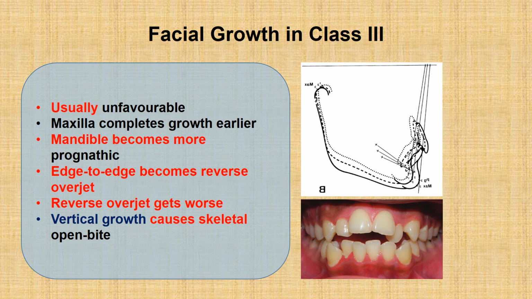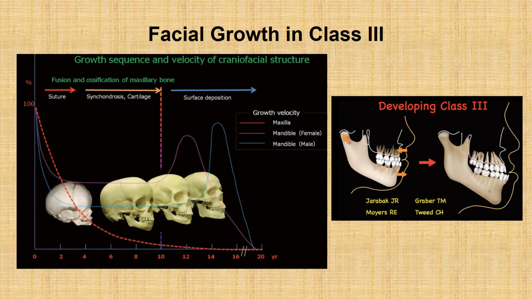If the patient has an edge to edge incisor relationship, this will tend to become a reverse overjet with continuing growth, and similarly a reverse overjet tends to get worse with continuing growth. If there's also vertical growth occurring in the mandible, then this may give rise to a skeletal open bite.